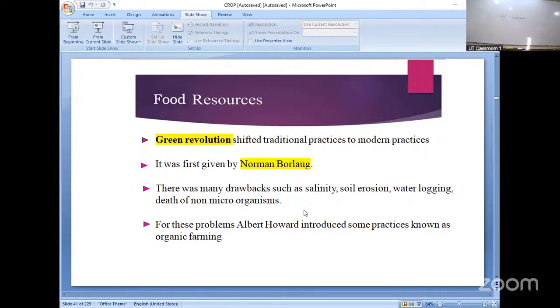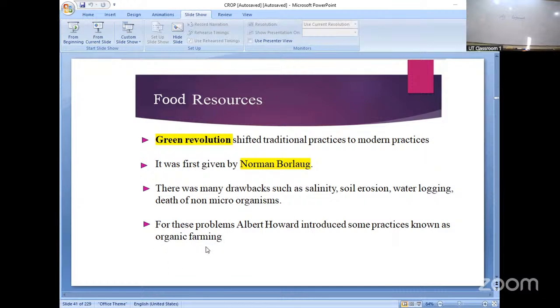Then there was a drawback because of salinity, where some water contains a large amount of salt, or soil erosion, or waterlogging. So for these problems, Albert Howard introduced some practices, and that is called organic farming.